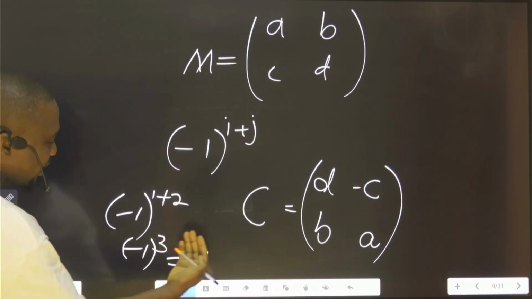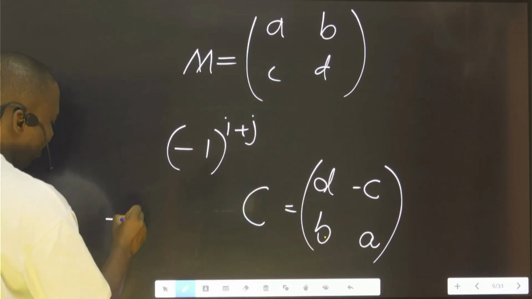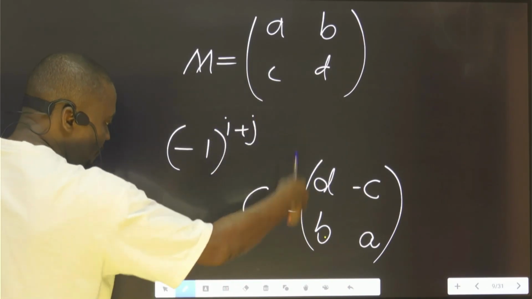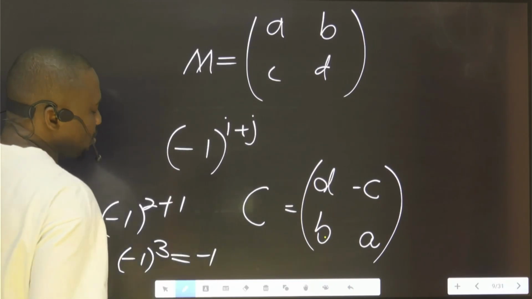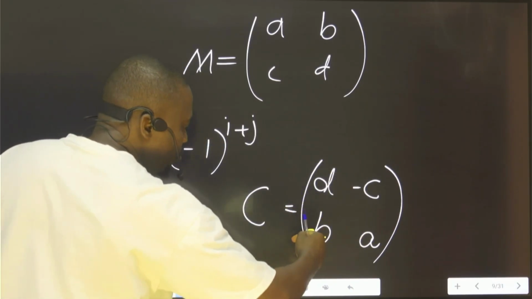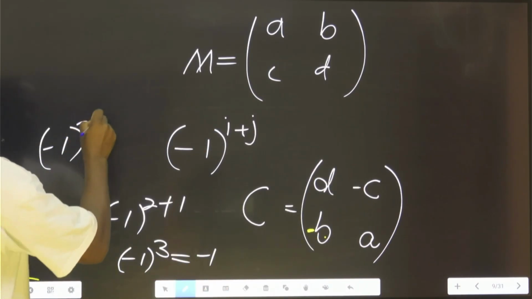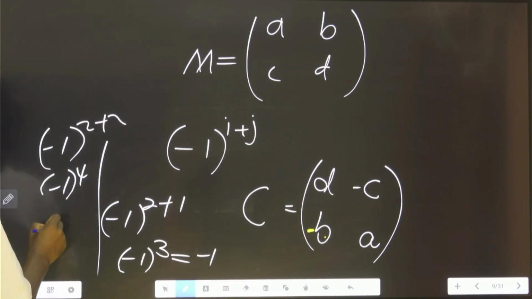Then we go for B. That is minus 1. Second row, first column. The same thing. Raised to power 3, minus 1. Odd number, minus. This is 2, 2. That is an even number. That is raised to power 4, plus 1.